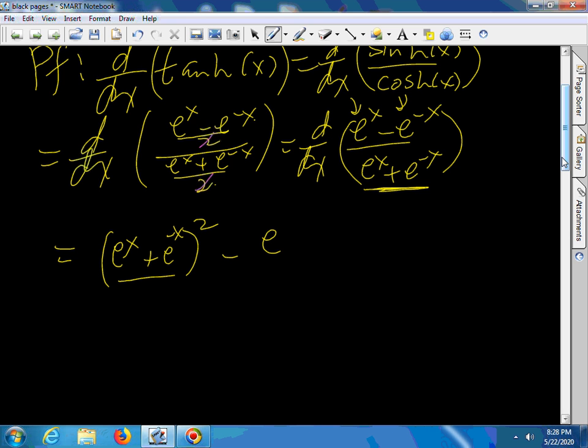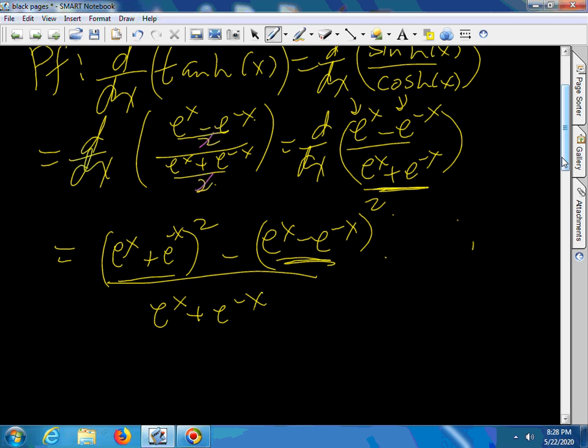Minus the top times the derivative of the bottom. But the derivative of the bottom happens to be this as well. So when you multiply it by itself again, you're going to get itself squared. And all of this gets divided by whatever the bottom is, quantity squared. Okay, so there's the bottom. We're not going to do anything to it.